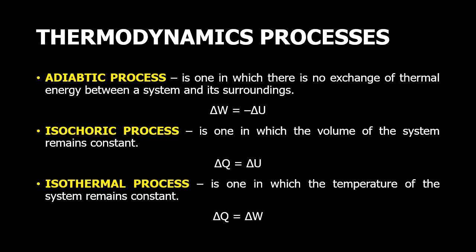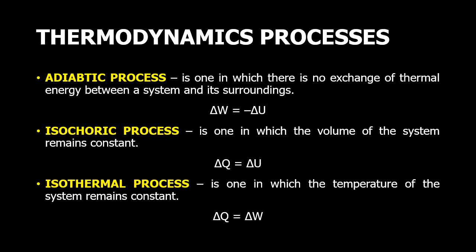Therefore, W here is 0, and the resulting equation is delta Q equals delta U. In an isochoric process, all the energy added as heat remains in the system as an increase in internal energy. Heating a gas in a closed, constant volume container is an example of an isochoric process.